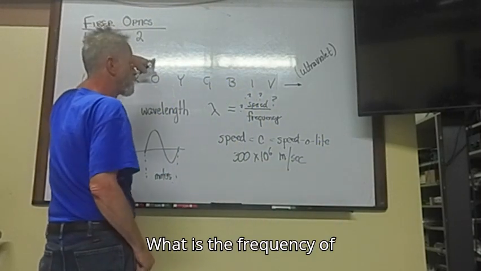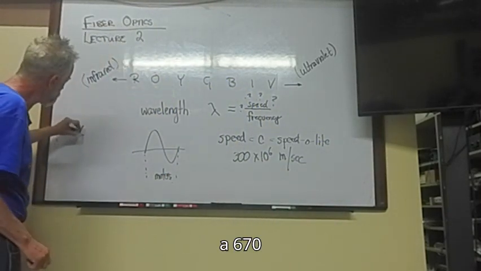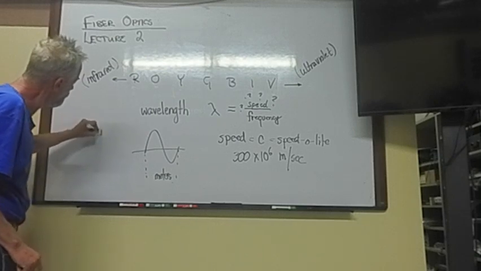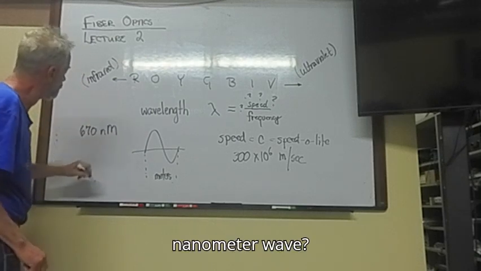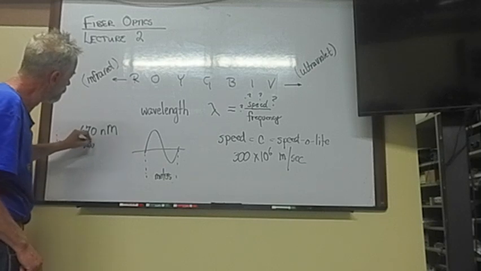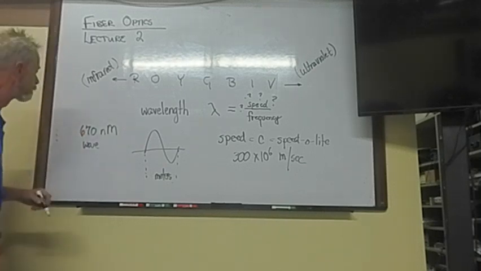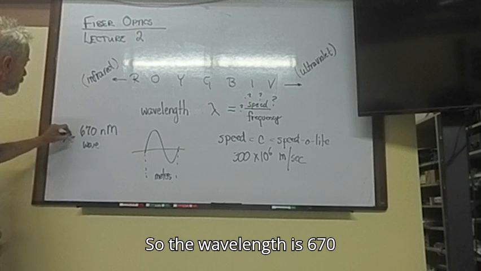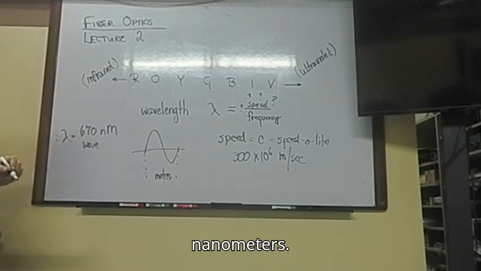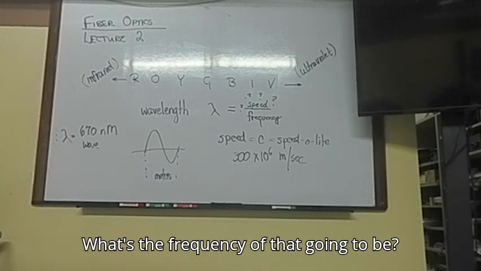What is the frequency of a 670 nanometer wave? So the wavelength is 670 nanometers. What's the frequency of that going to be?